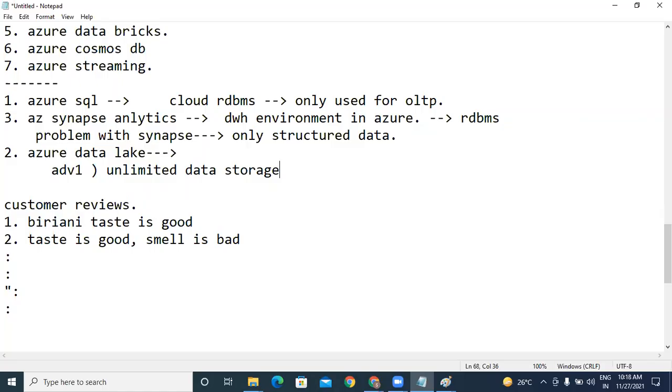MBs, GBs, right? 1024 GB is 1 terabyte, 1024 terabytes is 1 petabyte, and 1024 petabytes is an exabyte, then zettabyte. This is very different. Did you understand?